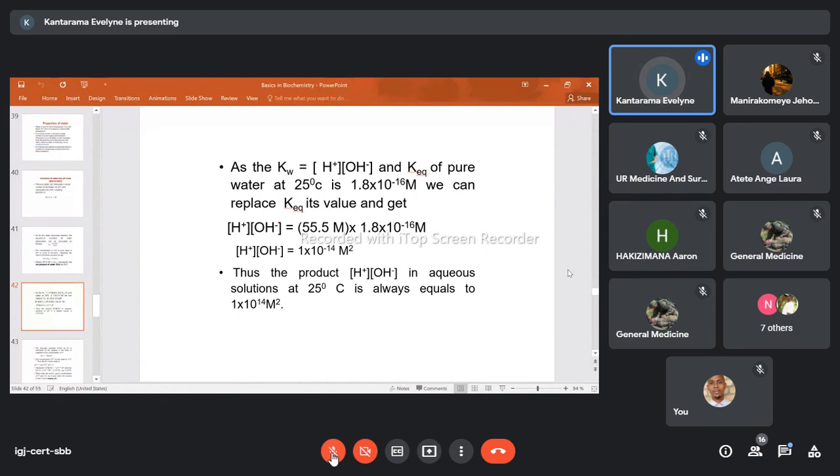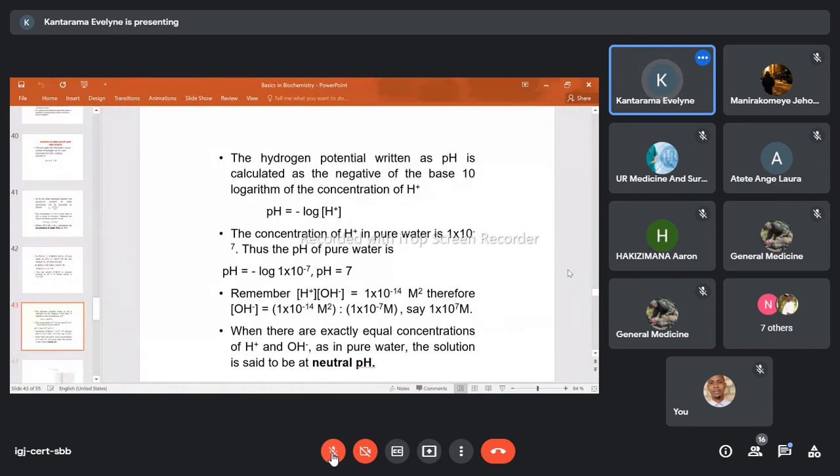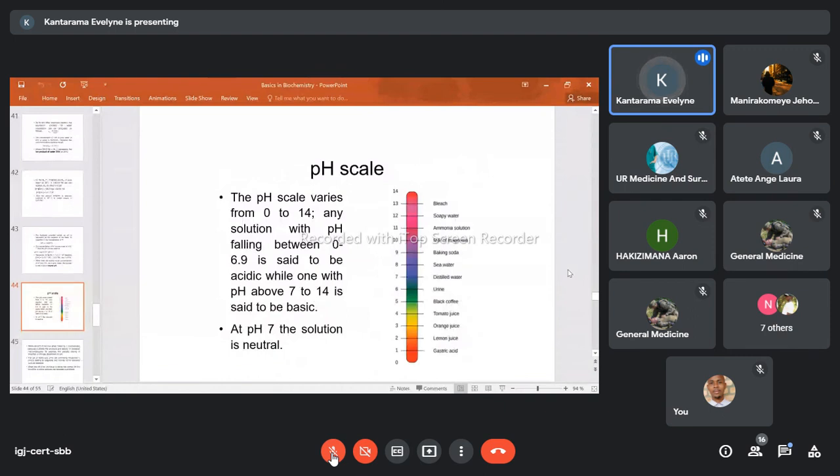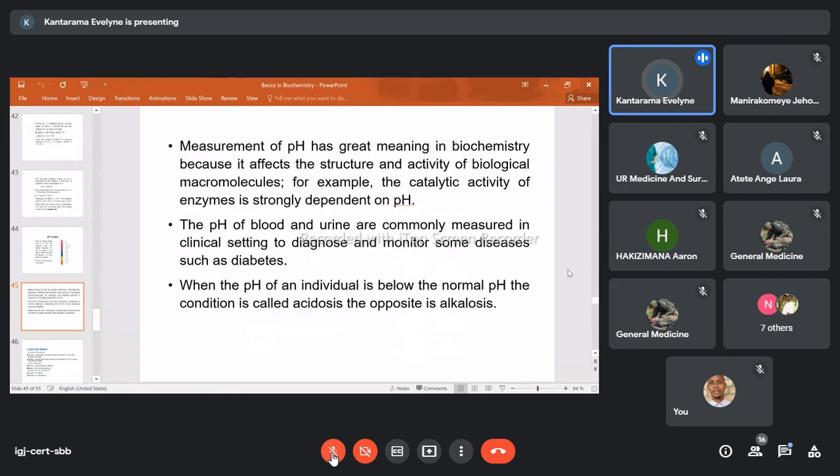Another thing you need to know about this pH scale, you will also read about buffers. Also, there is a question about buffers, if I remember, in your assignment.